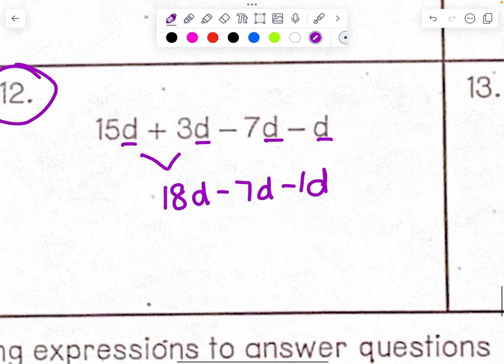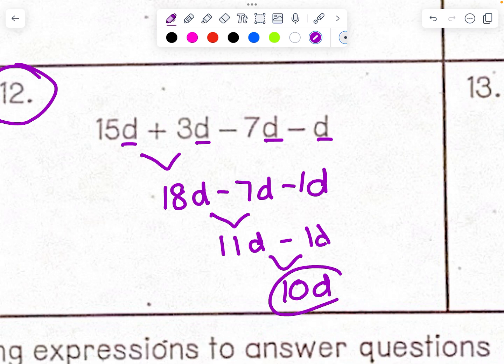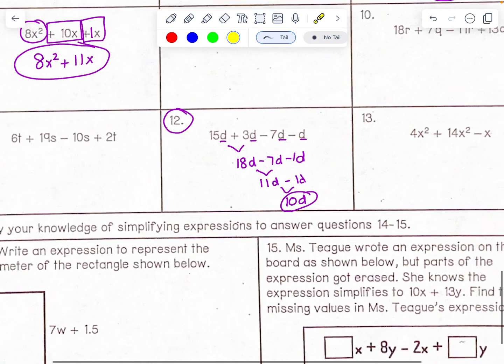Again, remember, there's a 1 in front of that. Subtract 11d minus 1d to leave us with just 10d. So when we work this out, it will be a lot simpler. Multiply and you're done, rather than multiply, add, subtract. So the idea is to simplify it.